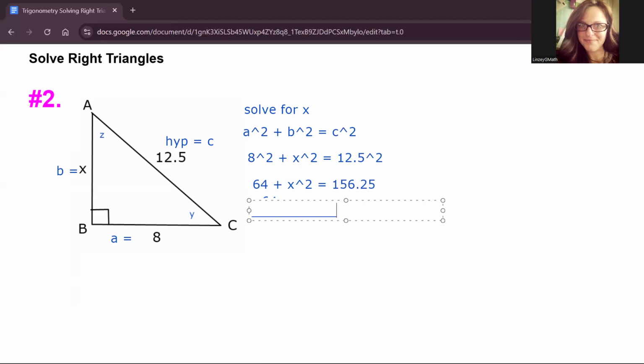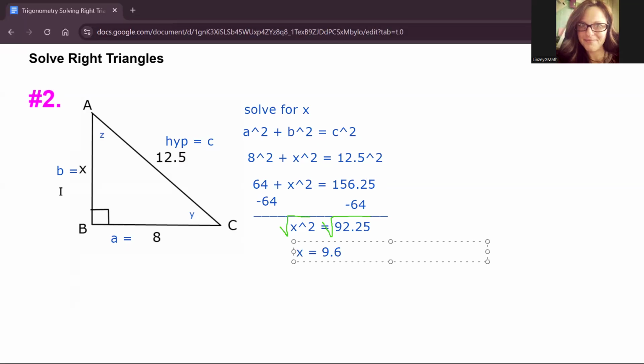We're left with x squared is equal to 92.25. And then we'll take the square root of 92.25, and we get about 9.6 for our missing side.